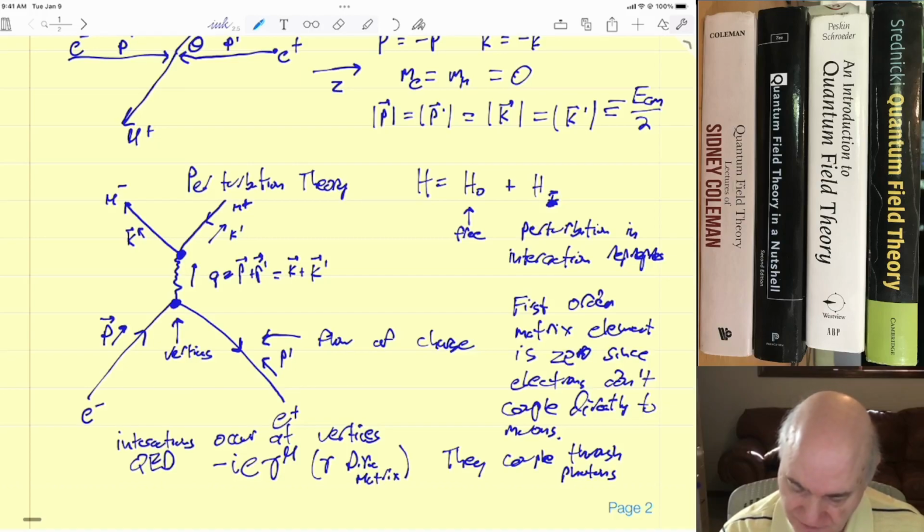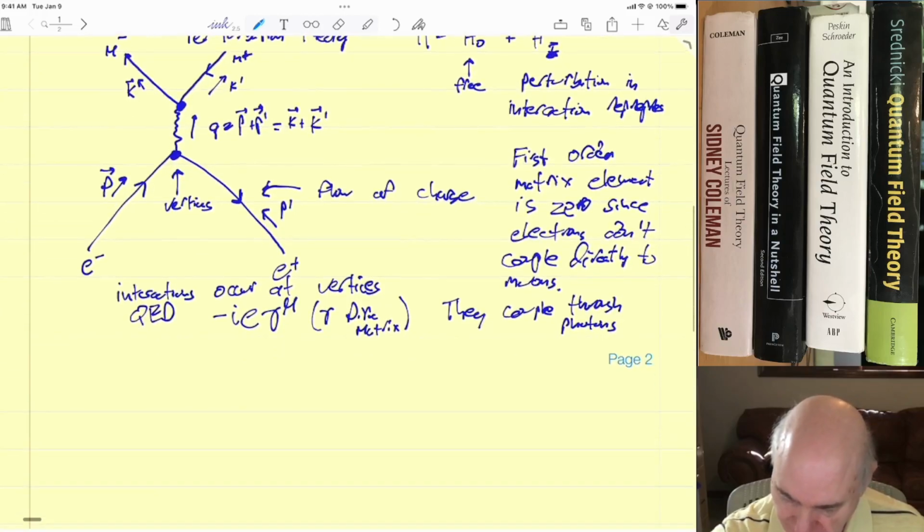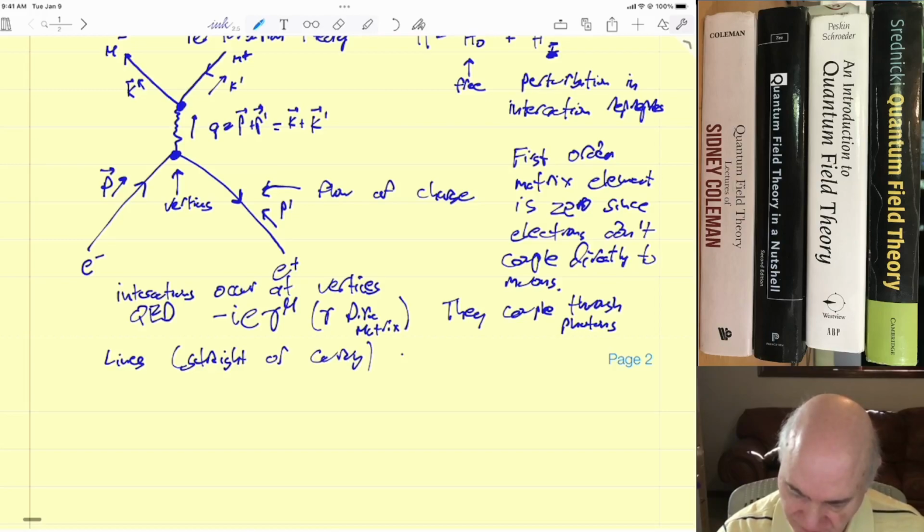And then the lines, straight or curvy, represent propagators.